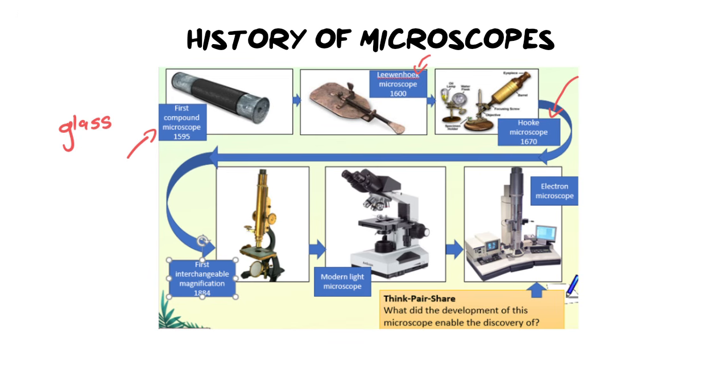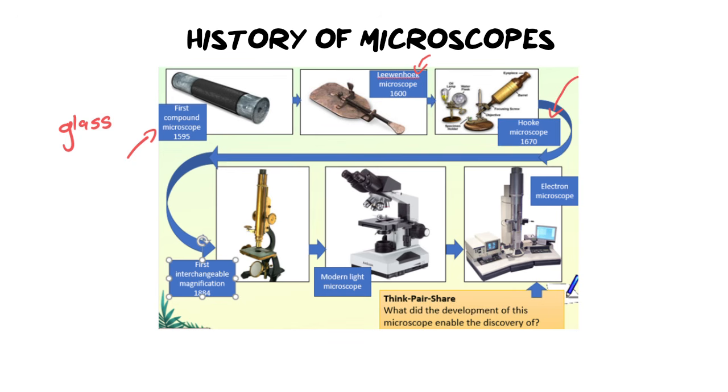The most important thing about the history of microscopes is, remember, before we had a microscope, we didn't know anything was microscopic, right? So that means we didn't know about bacteria and viruses or cells for that matter. So people before these times had ideas and thoughts that may not necessarily have been true.